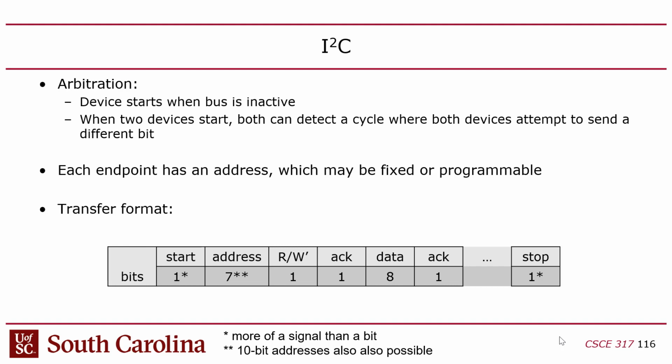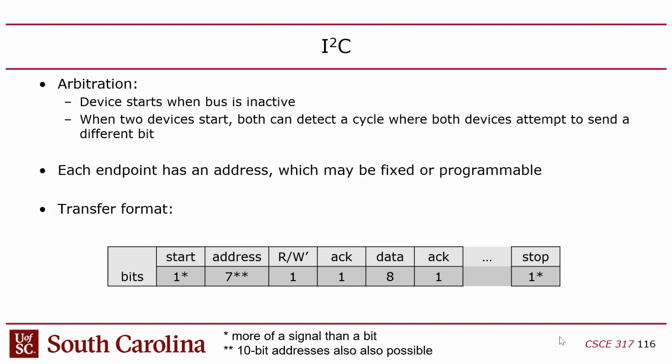So it's multi-master. Whatever device on that bus wants to perform a transaction basically just grabs the bus. The way it does that is it initiates a start bit, and then it sends a 7-bit address, and then there's a read or write bit.